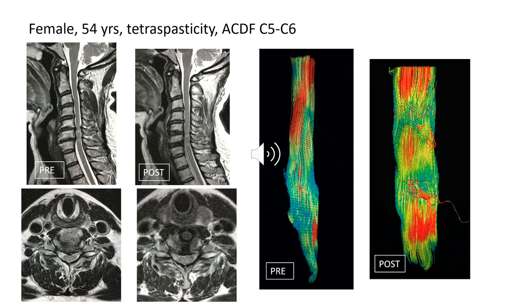This is a surgical case before and after surgery, and you may see that we have a passage in the inferior half of the image on the red side, a passage from blue color to yellow and red color. That means a decompression and improvement of the cord.